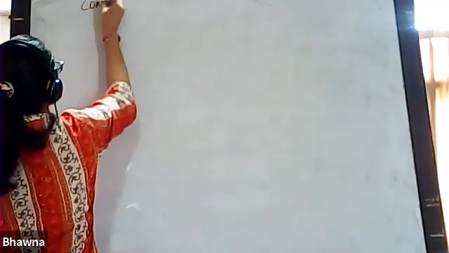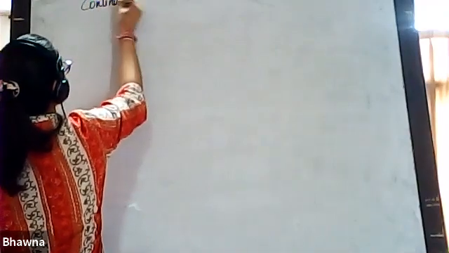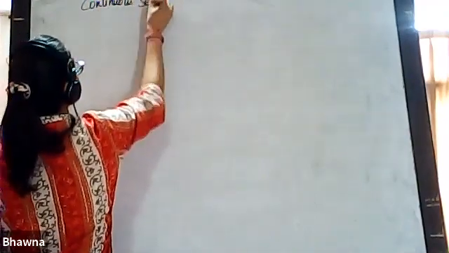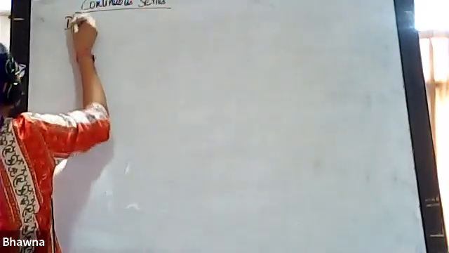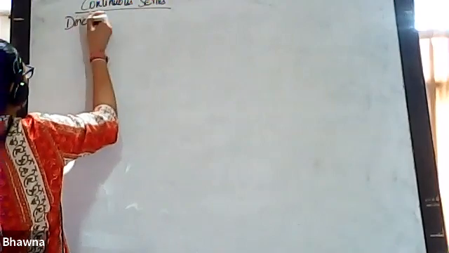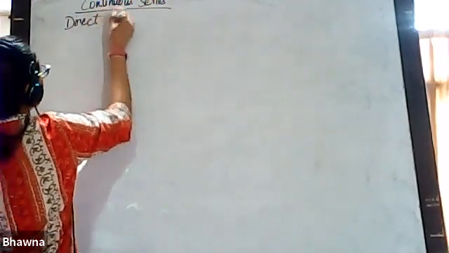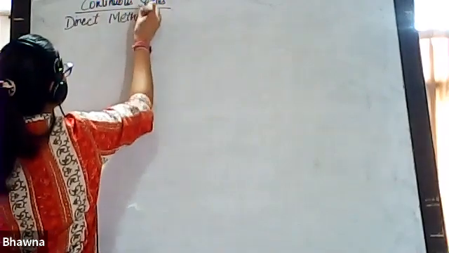And the third series is here, continuous series, with the direct method. So the equation is there. To calculate the arithmetic mean from the following data, and the data are here.